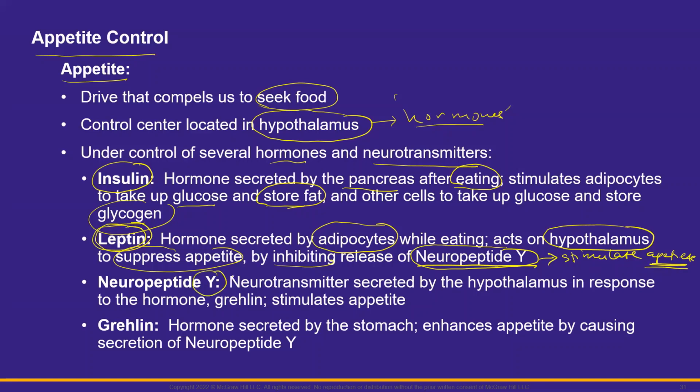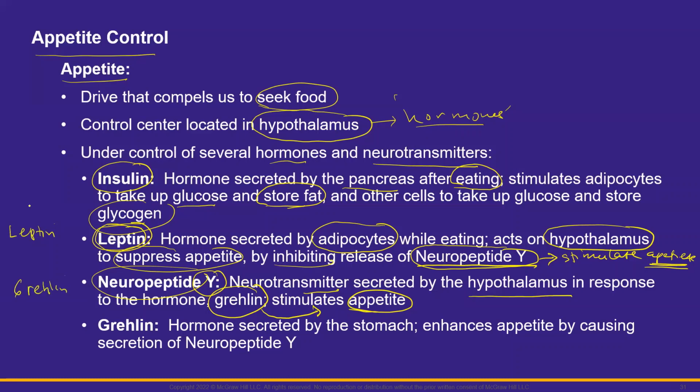Neuropeptide Y is a neurotransmitter released by the hypothalamus in response to the hormone ghrelin. Ghrelin stimulates the production of neuropeptide Y, and then it stimulates appetite. So look at these two hormones, leptin and ghrelin.